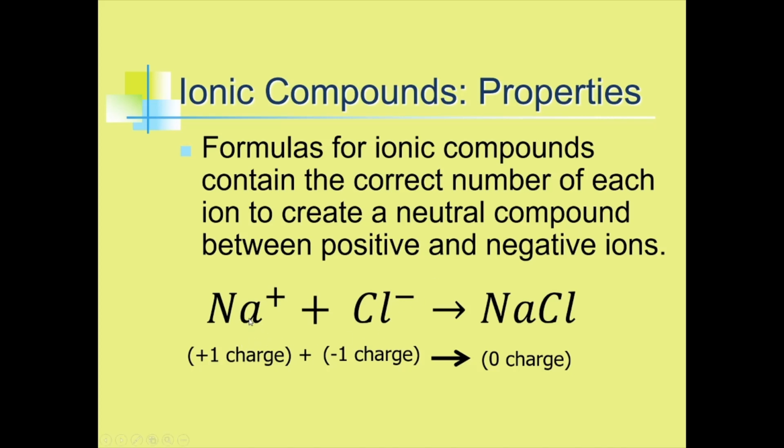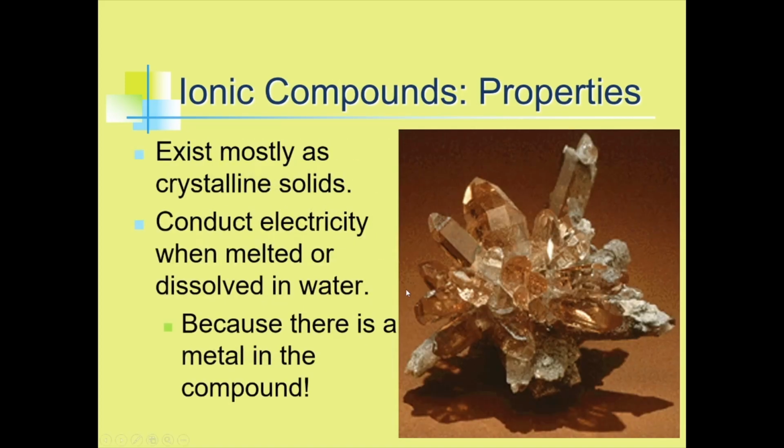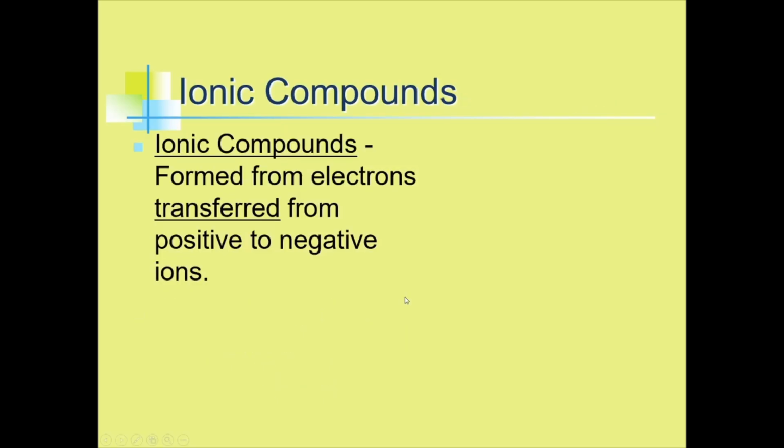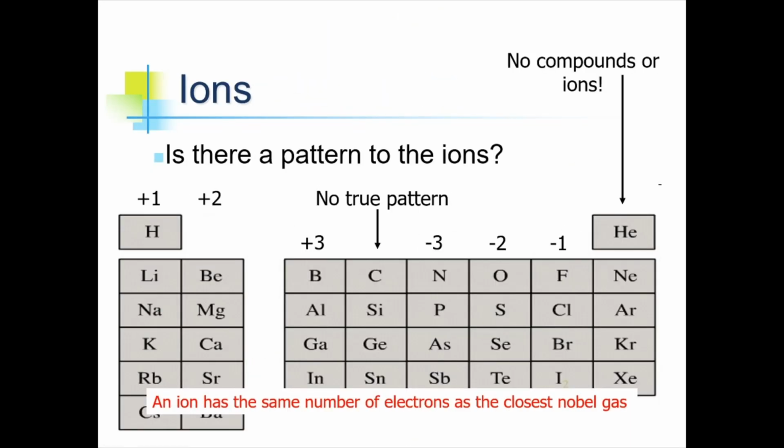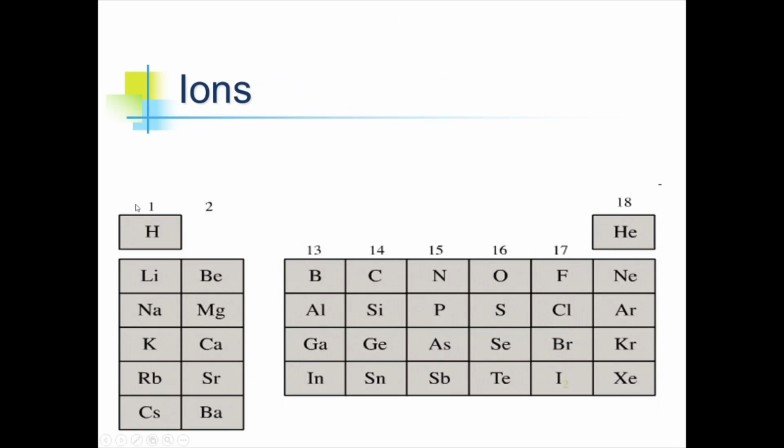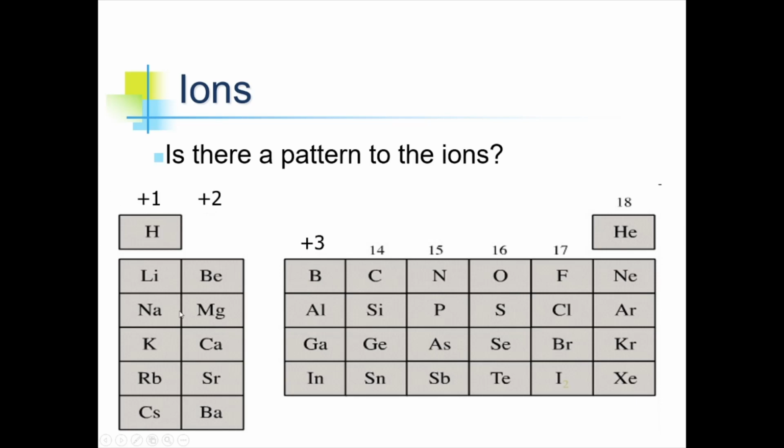For example, sodium, we know when it creates an ion, it has a +1 charge. And chlorine, when it forms an ion, has a -1 charge. And if you don't remember the chart from earlier, let's see if we can go back really quick. This chart right here showed us the pattern. Sodium would always form a +1 charge based off of that pattern.